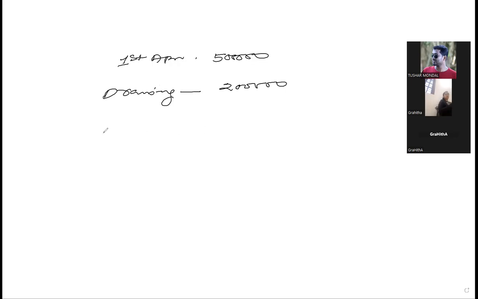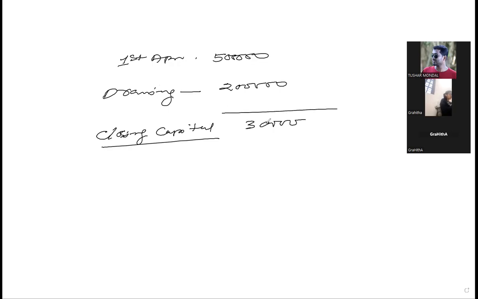Now can you tell me how much the closing capital should be? 3 lakh rupees. How have you done that? Opening capital minus drawings.